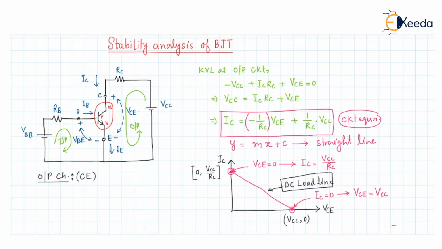If we plot the DC load line and the output characteristics, that is IC versus VCE when IB is constant or fixed, then in this plot it will look like this.